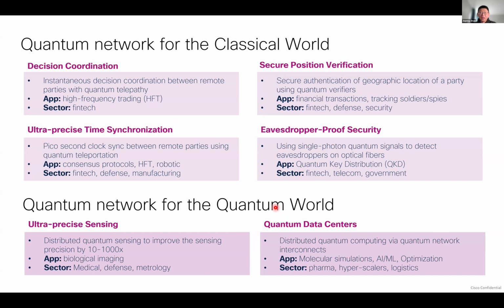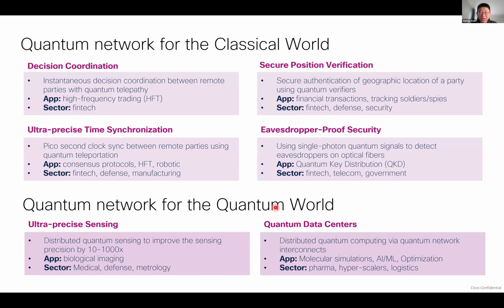So here's a summary of all the applications we are working on at the moment. The top four are the classical applications using the quantum network. The first one is decision coordination. We can use entanglement distribution to make instantaneous decision coordination between multiple parties. This decision making can bring financial benefit in the financial industry.